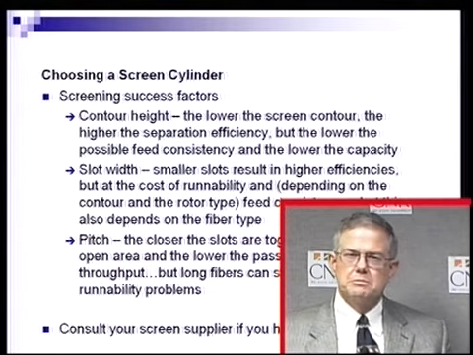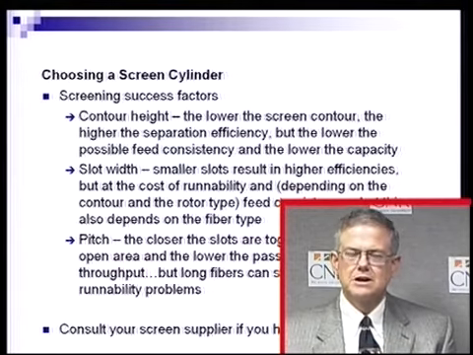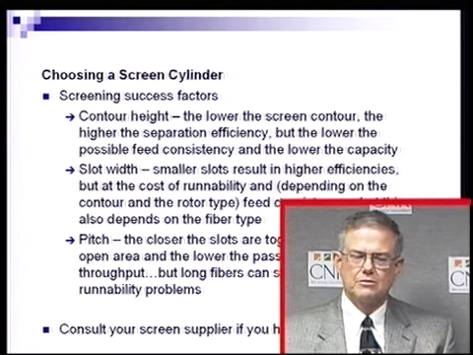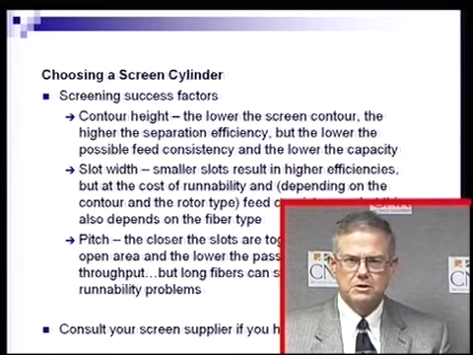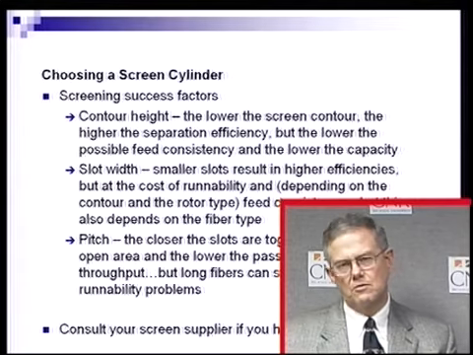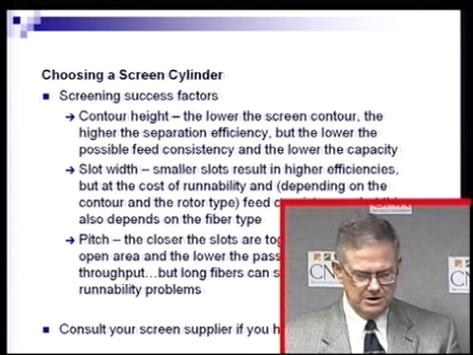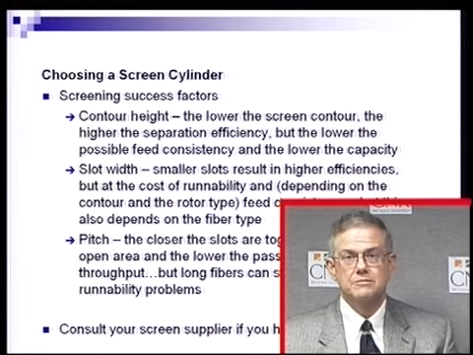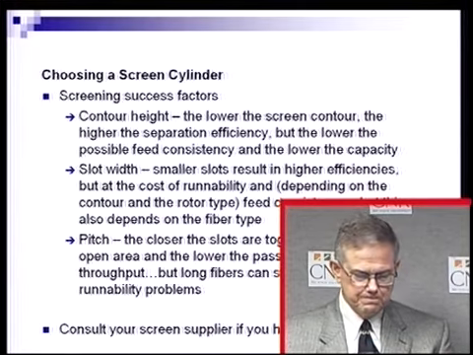These two factors play off of one another, and so it's not always a clear-cut decision. So you can't always say that smaller is better, but in general, I think slot width is the overriding factor after contour height in terms of determining screening efficiency for slotted screens.